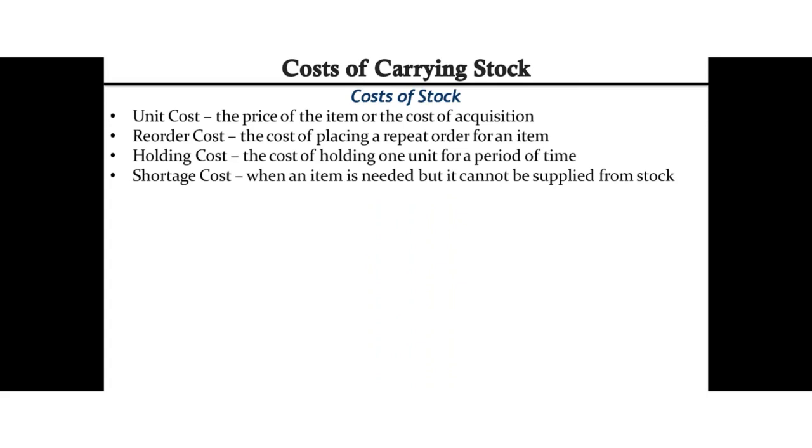If a company makes the item itself, it may be difficult to get a reliable production cost or set a transfer price. Reorder cost is the cost of placing a repeat order for an item. This might include allowances for preparing an order, correspondence, delivery, insurance, receiving, unloading, checking, testing, use of equipment, and follow-up.